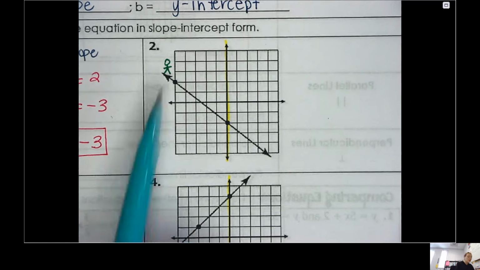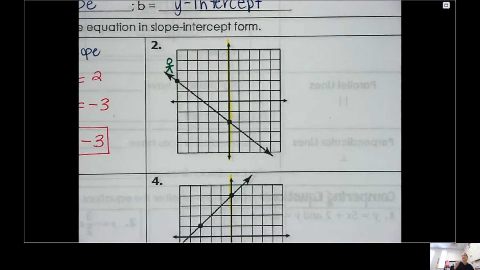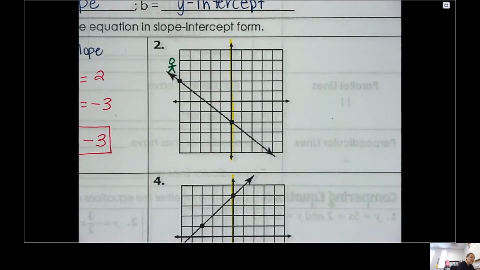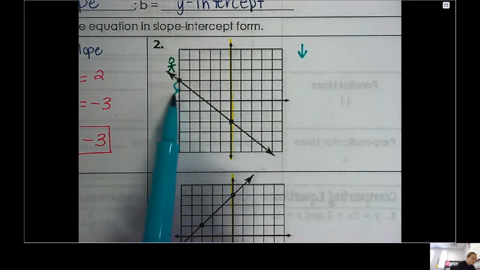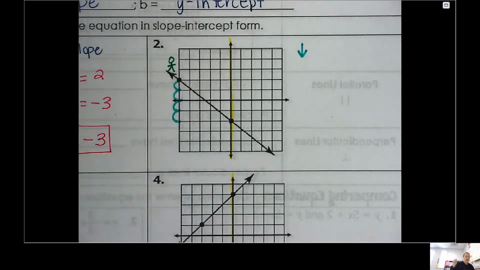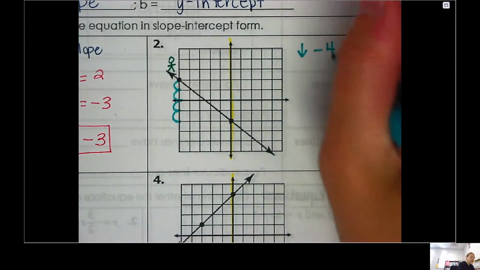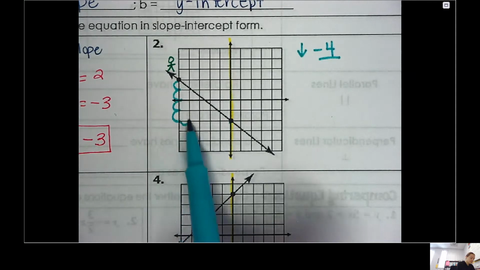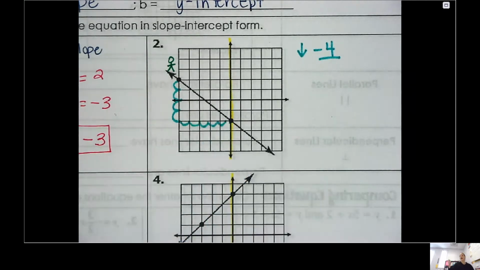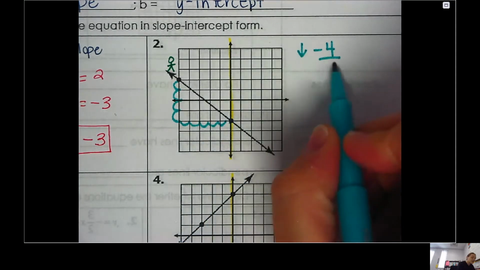Now, if I'm going from here to here, the first part is rise over run. So I'm going down. How many are you going down? Going down 4, so that's a negative 4. How many am I going over? And I'm going to the right, so it's a positive 5.